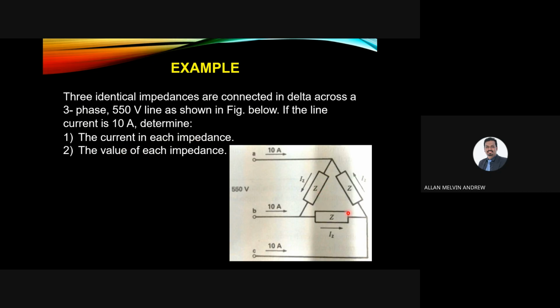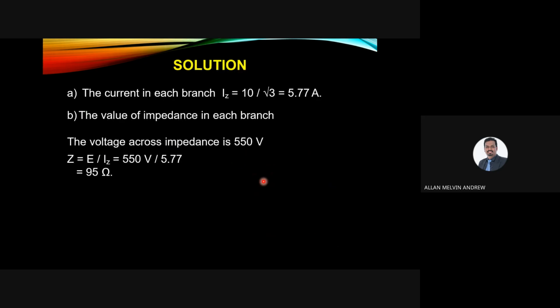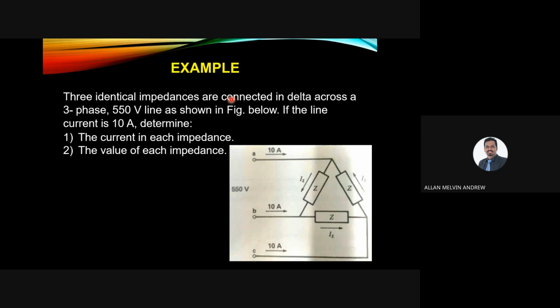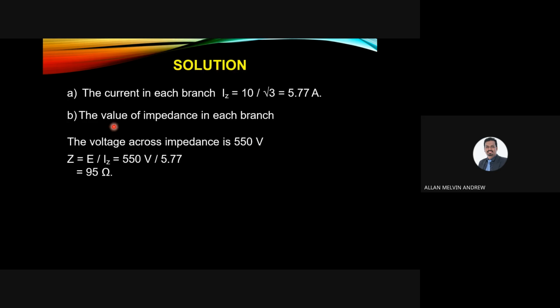The value of the impedance we also need to find. How to find the current in each branch: IZ equals 10, the line current, divided by square root of 3, because line current equals square root of 3 times IZ. So you rearrange the formula and IZ equals 5.77 amperes.